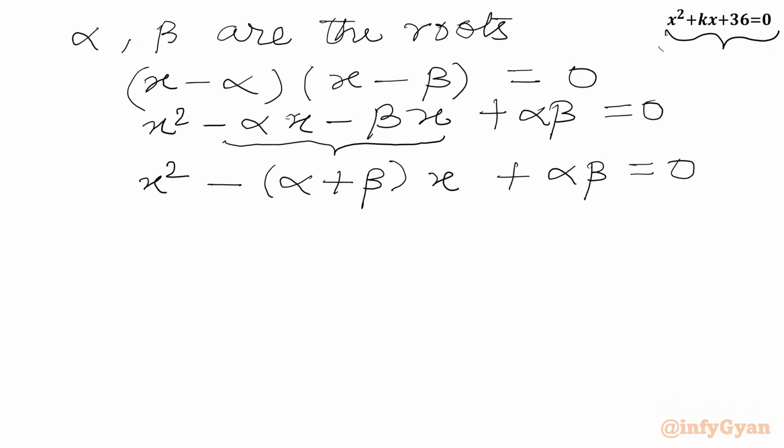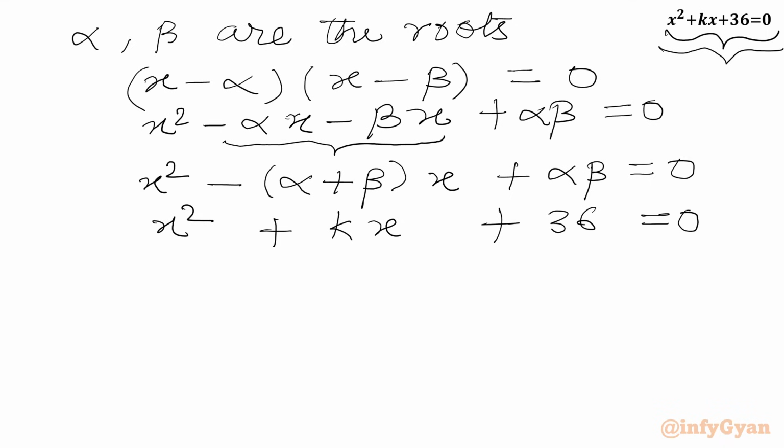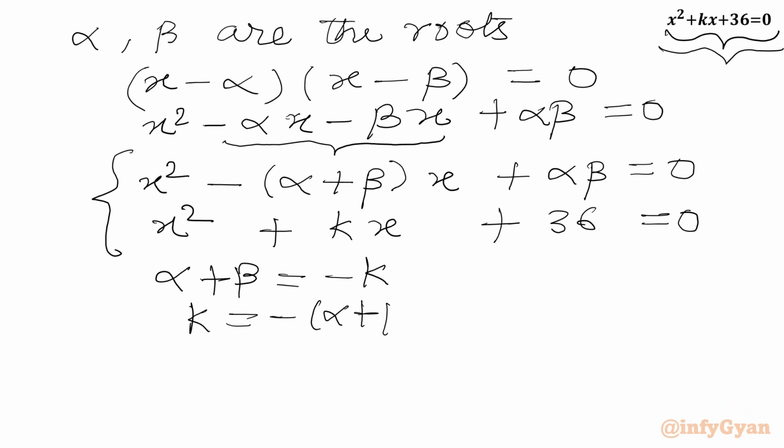Now we will rewrite our quadratic equation here: x square plus kx plus 36 equal to 0. Now we will compare the coefficients from both the equations. So I can write alpha plus beta will be equal to minus k, or k will be equal to minus of alpha plus beta.